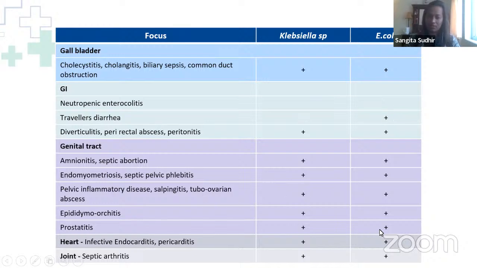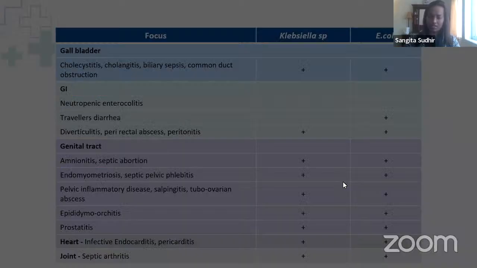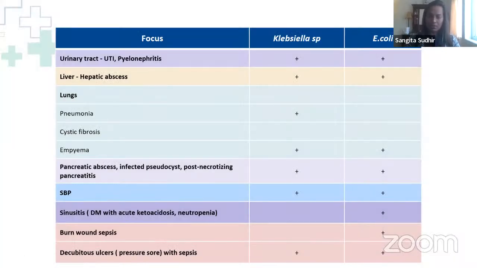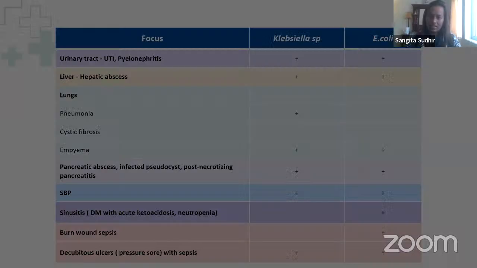Then genital tract infections, endocarditis, septic arthritis, urinary tract infection, hepatic abscess, lung abscess, pancreatic abscess, spontaneous bacterial peritonitis, and sinusitis, especially E. coli in patients with diabetic ketoacidosis and neutropenia, burn wound sepsis, decubitus ulcers with sepsis. I have adapted these from the Sanford guidelines.